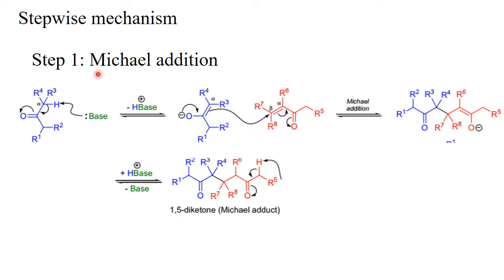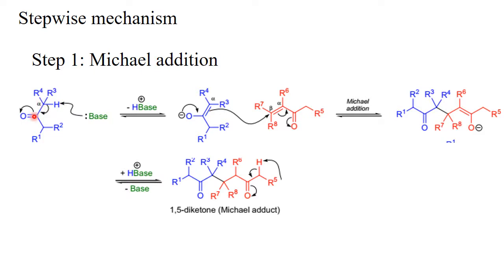Stepwise mechanism. First step of Robinson annulation reaction is a Michael addition. In this step, base abstracts the alpha proton and converts the carbonyl compound to enolate ion. There are 2 reactants for the Robinson annulation reaction. One is the ketone and the other is alpha beta unsaturated ketone.